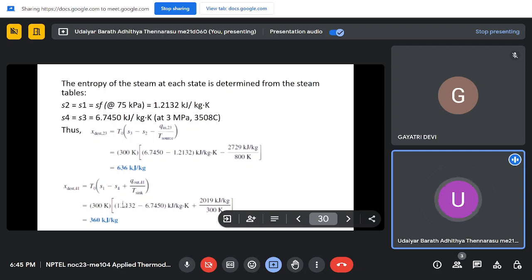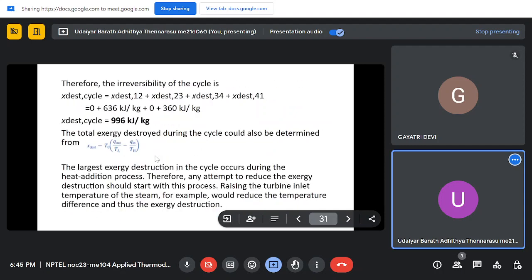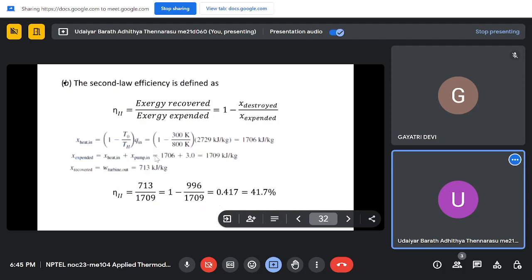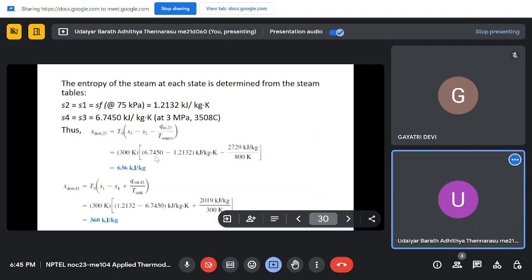This will come out to be 360 kilojoule per kg. So 636 is the exergy destroyed in the boiler and 360 is the exergy destroyed in the condenser.